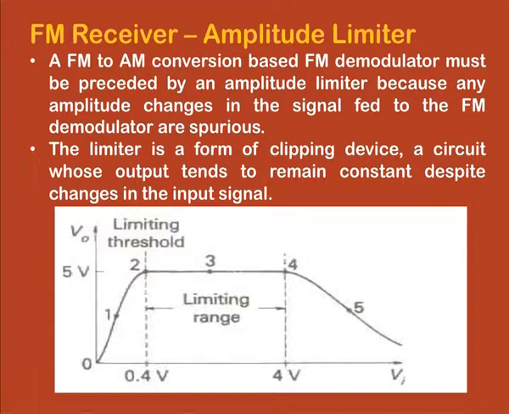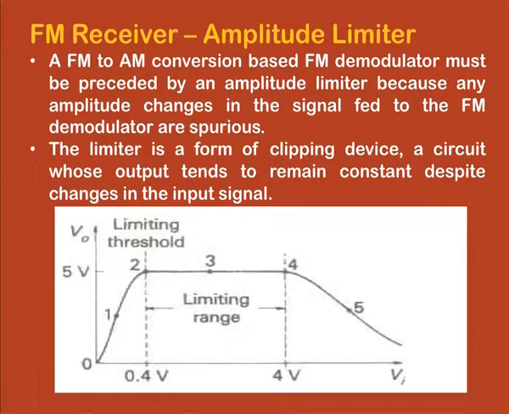So, for FM to AM conversion based FM demodulators, the amplitude variations can cause distortions in the output demodulated signal. So, what we must do is limit the amplitude variation in the input signal by using amplitude limiters before the signal is fed to the FM demodulators.